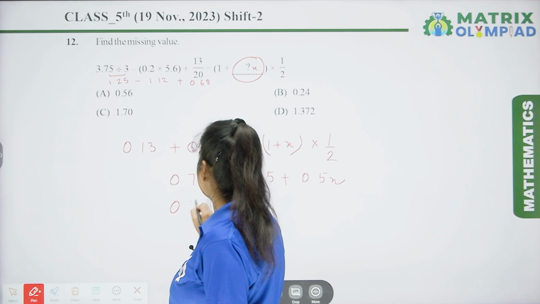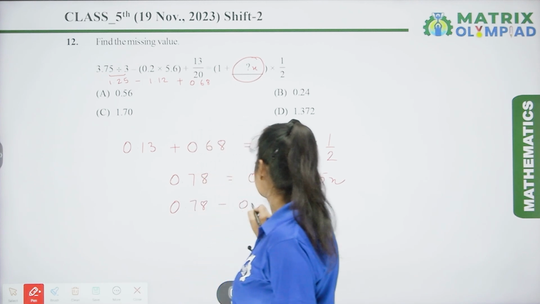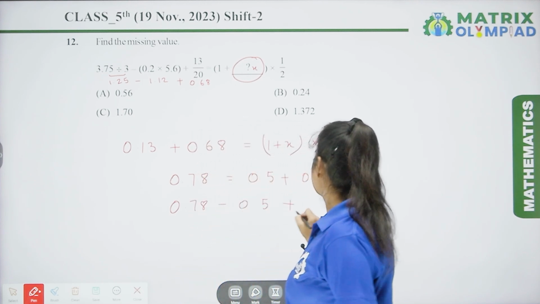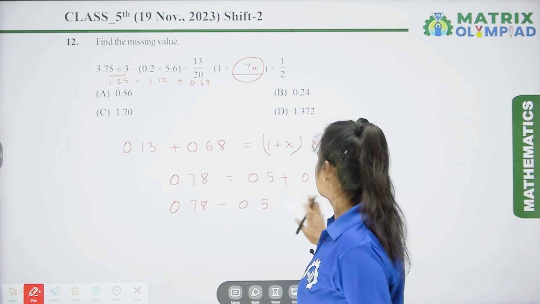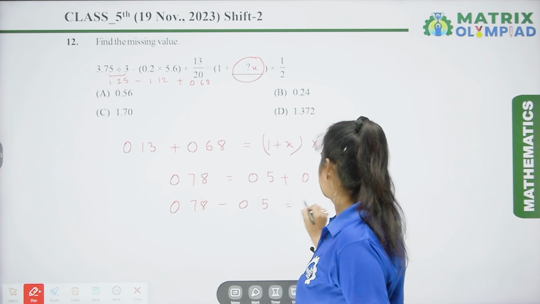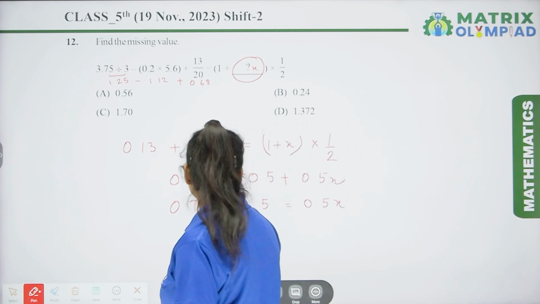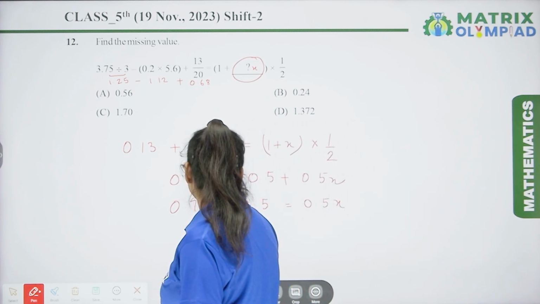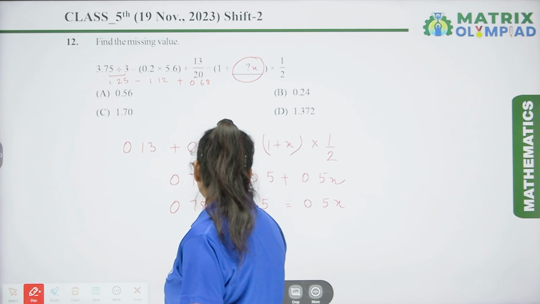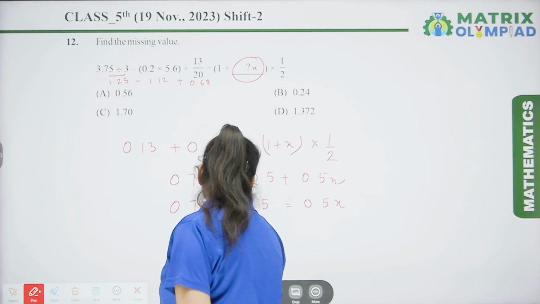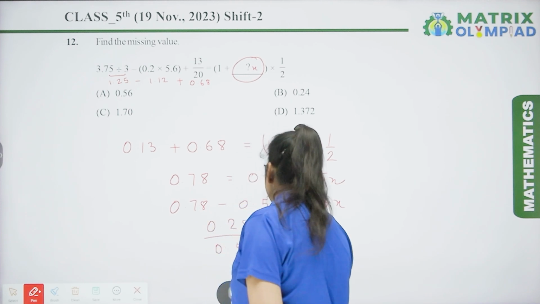Now 0.78 minus 0.5 equal to 0.5x, that is equal to 0.28 upon 0.5, that is equal to x.